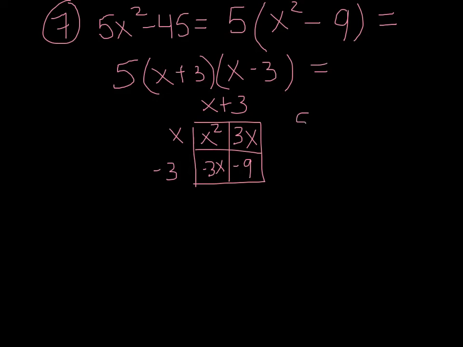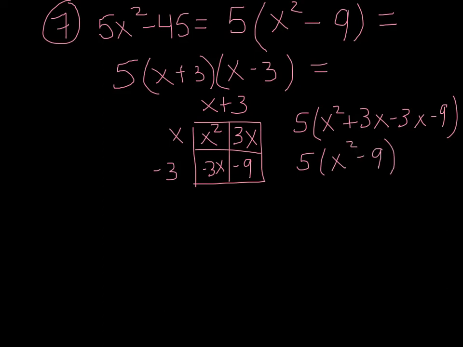So we still have the 5, and now I've got x squared plus 3x minus 3x minus 9, which will simplify to 5 times x squared minus 9. And then if I distribute the 5, I get 5x squared minus 45, which checks with the original binomial. So I have the correct factorization.